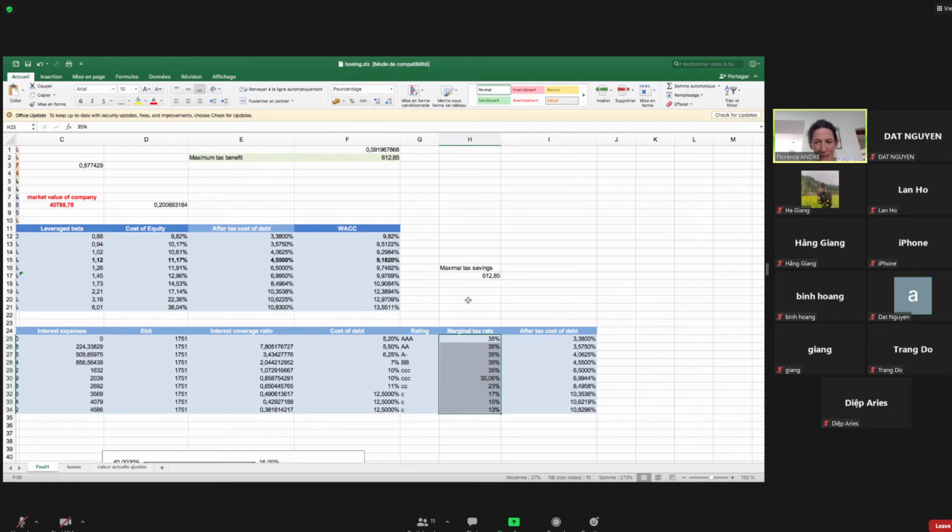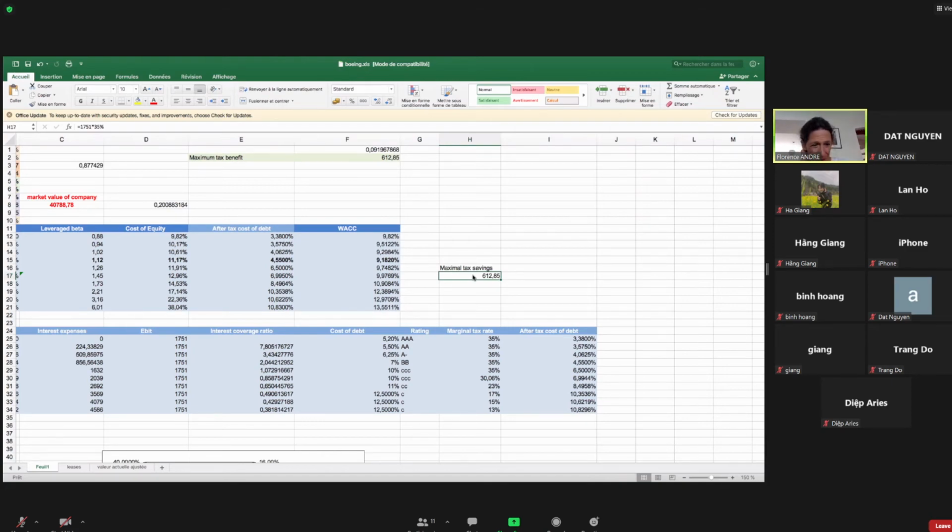We have to calculate the maximal tax saving. So the maximal tax saving is just the EBIT multiplied by the tax rate: 1,751,000,000 multiplied by 35%.